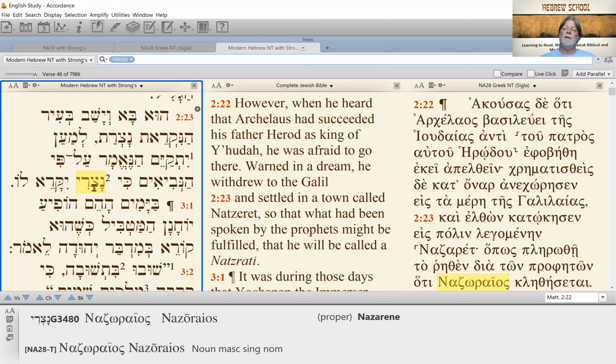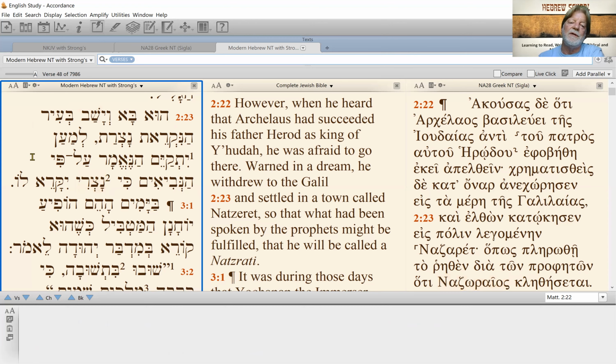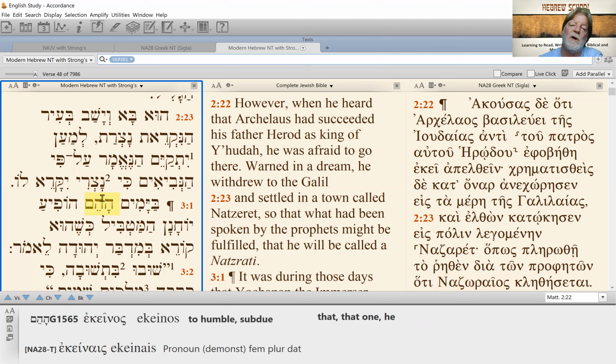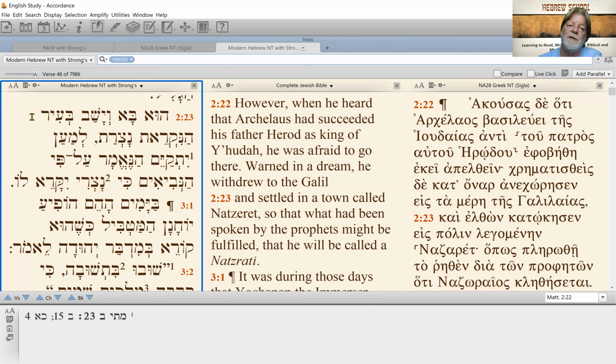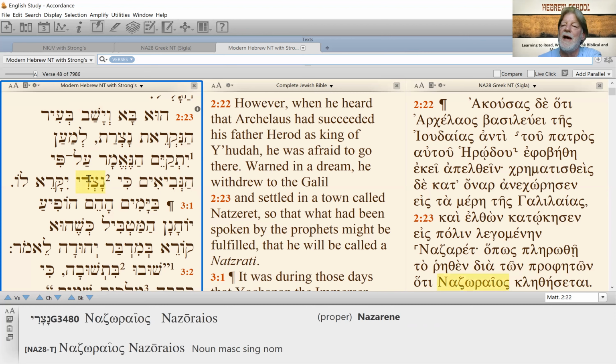Almost every Bible commentator says that the reason Jesus was called a Nazarene was because he lived in Nazareth. But Nazarene does not mean a resident of Nazareth. It means a person who belongs to the sect or the denomination of the Nazarenes.